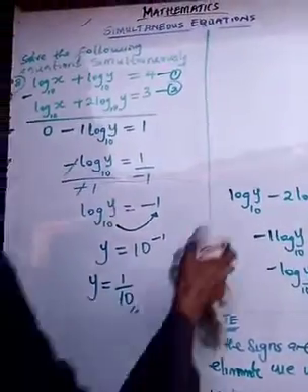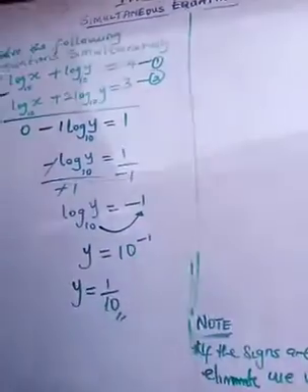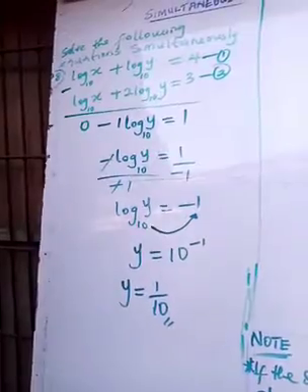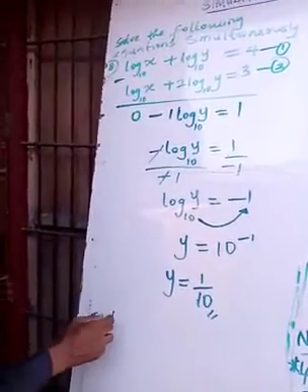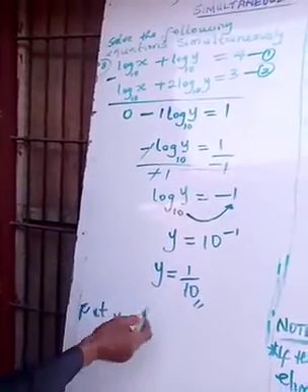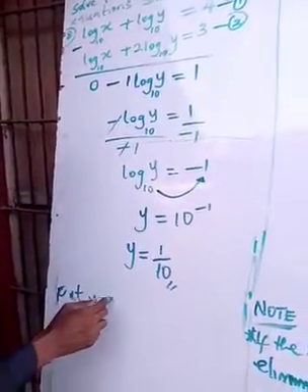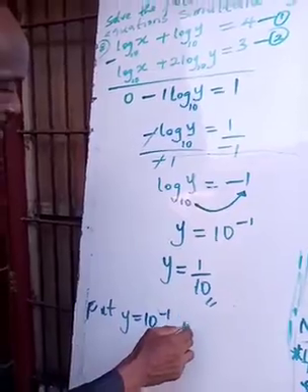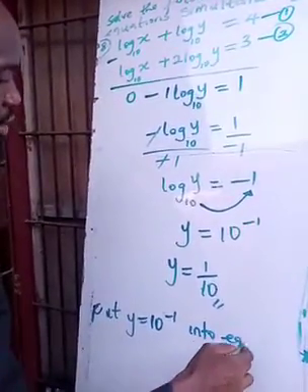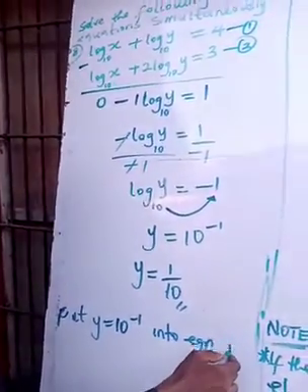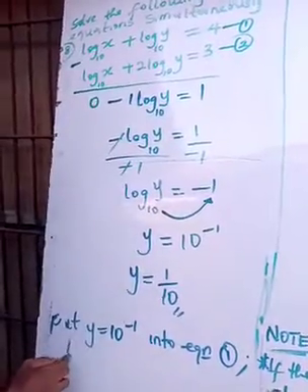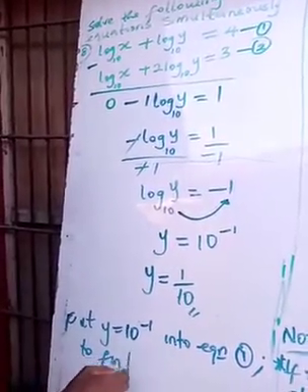So now that we found y, we can use y to look for x. Put y equals 1 over 10, or 10 raised to power minus 1, into equation 1 to find x.